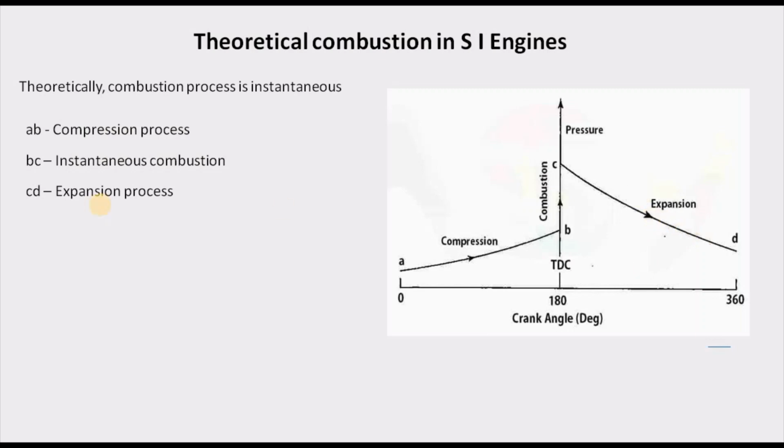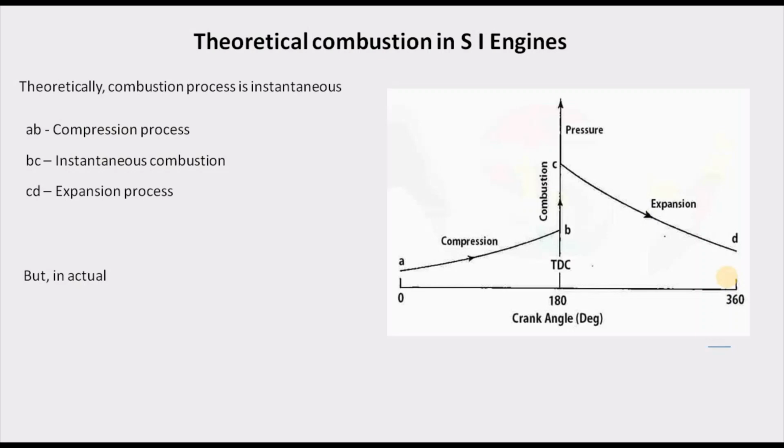CD corresponds to the curve where the pressure decreases, that is the expansion stroke. So AB corresponds to the compression stroke, BC corresponds to the combustion process happening instantaneously, and CD corresponds to the expansion stroke when the pressure decreases. This is the theoretical process that is supposed to happen inside the combustion chamber.